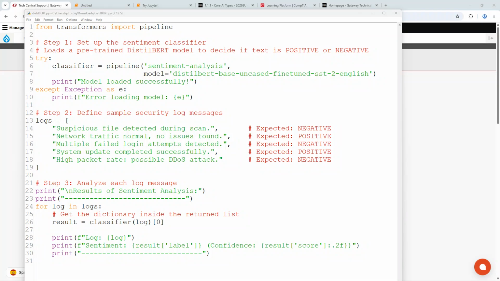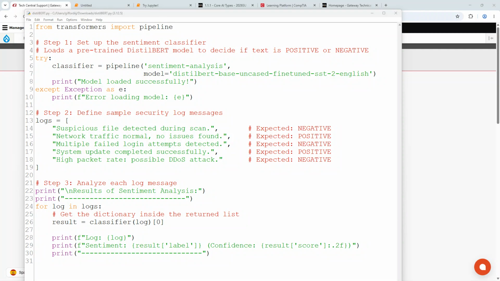What it does is it's going to output a negative for any hostile or frustrating language, and it's going to have a confidence score. A confidence score of 1.0 means it's very certain that this is a negative text message, a negative connotation to that text.